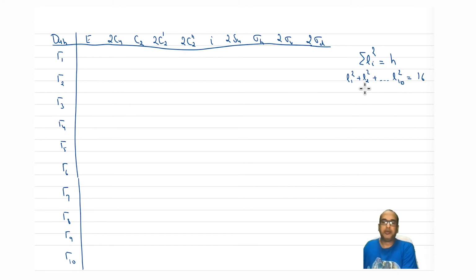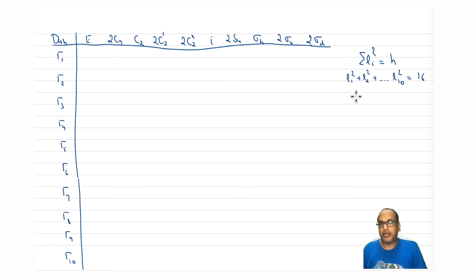Because these are dimensions, the character under E will take the value l1. So this cannot be negative or a fraction. It has to be a natural number. So 0 is also not an option. So it starts from 1 and above.